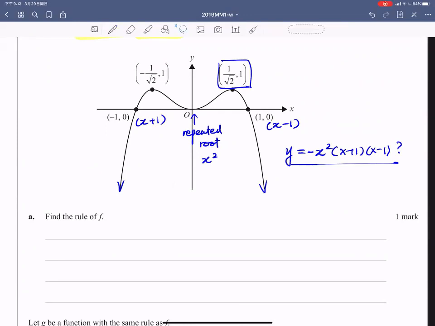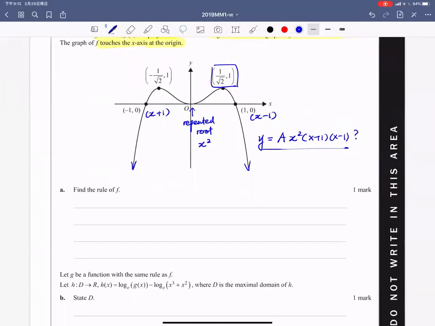So let's define another unknown variable, big A. Okay, with x equals 1 on root 2, y equals A x squared, x squared minus 1.